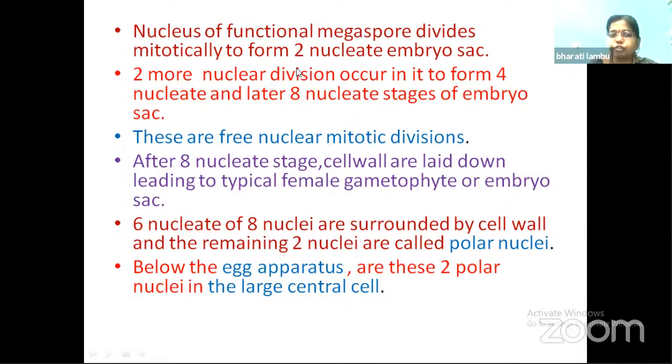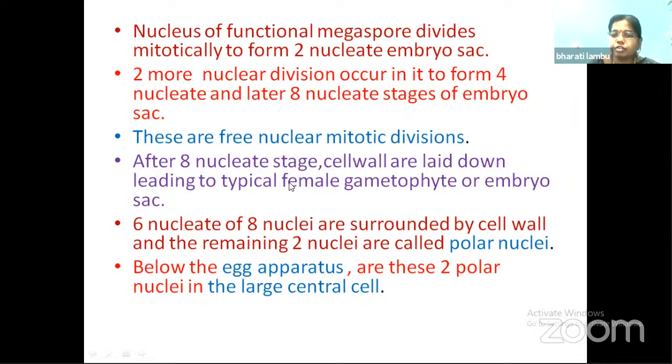That means the formation of nuclei from the megaspore to 2, then 4, then 8 is called free nuclear mitotic division. After the formation of 8 nuclei, the cell walls will be laid around 6 nuclei and the remaining 2 nuclei will not have any cell wall.